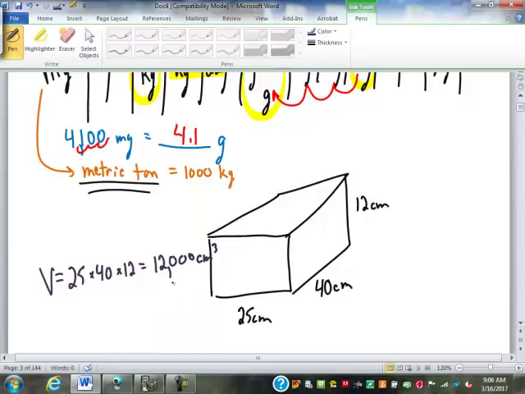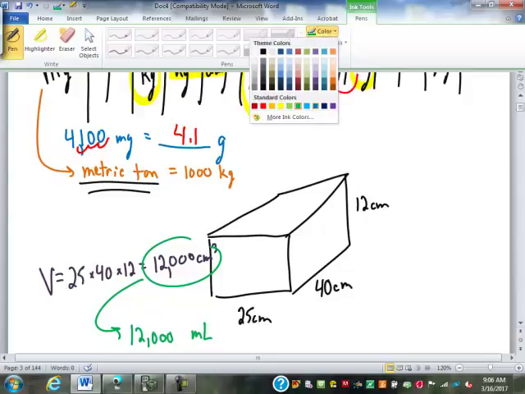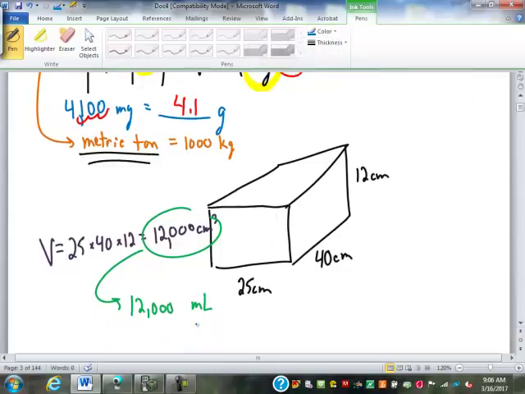12,000 centimeters cubed, which is how many milliliters? 12,000. Good. Which is how many grams?